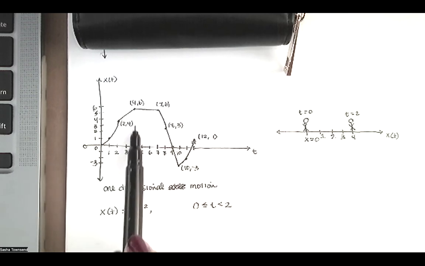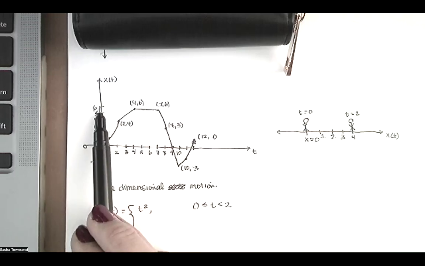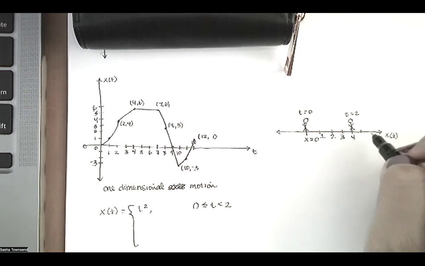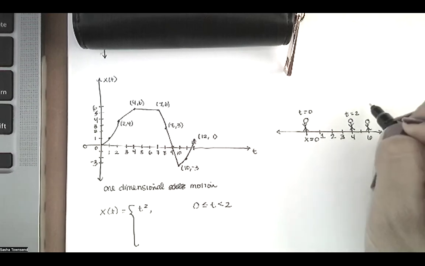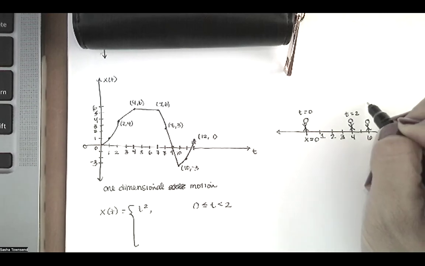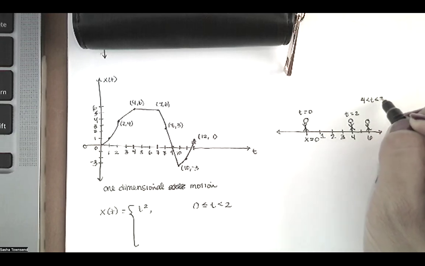And then from t equals 4 to t equals 7, our person is at x equals 6. I'll write that interval of values: t is between 4 and 7.